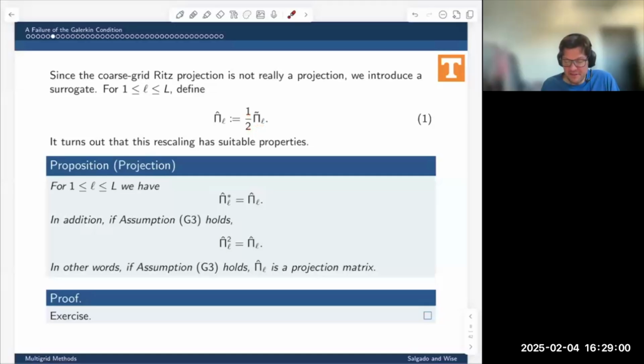And it turns out this guy is great because it is still self-adjoint, and it's also a bona fide projection. Bona fide means good and true. So a bona fide projection matrix, because if I take the square of this matrix, pi L hat, by itself, well, that's the only way you can square something, right? Multiply it by itself, and you get pi L hat out in the end. Okay, so this is a bona fide projection.